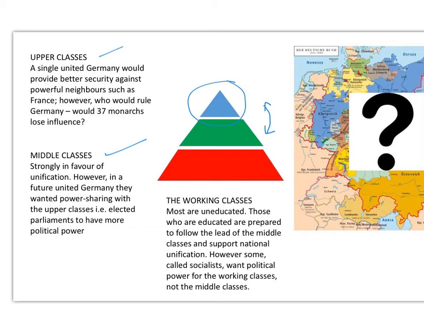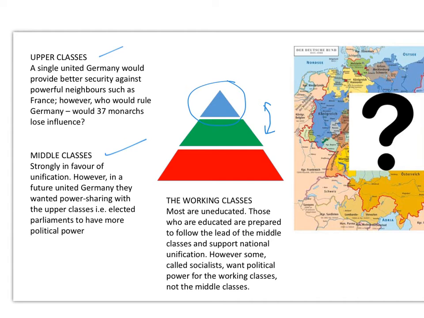In other words, they want elected parliaments to have more political power, and presumably if there's going to be one united Germany, there will be a national parliament elected by all the German people from across all of the 38 separate areas. The middle classes believe that the upper classes should share power with that elected parliament, and in particular with the middle classes inside that elected parliament. The problem is, will the upper classes be willing to do that, and which upper classes will be ruling the new Germany?